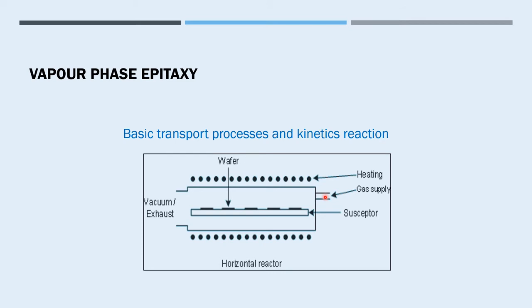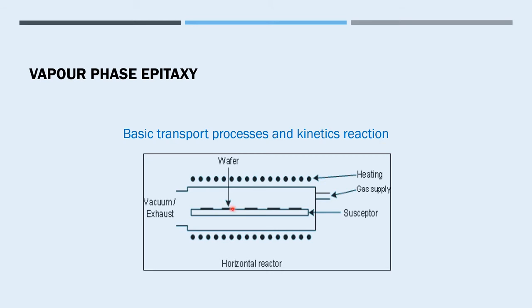This process is called vapor phase epitaxy. The reactant material within the gas reacts with the sample and decomposes, and the material which I want to be deposited is formed and deposited on the samples already present inside the system. So here the deposition is completed.